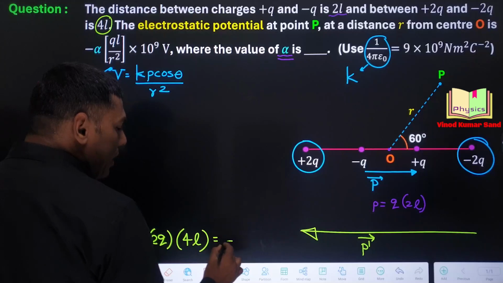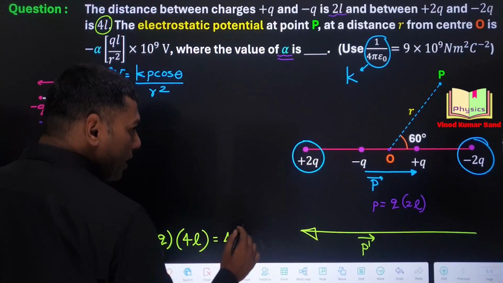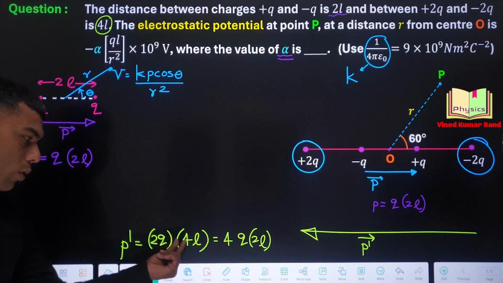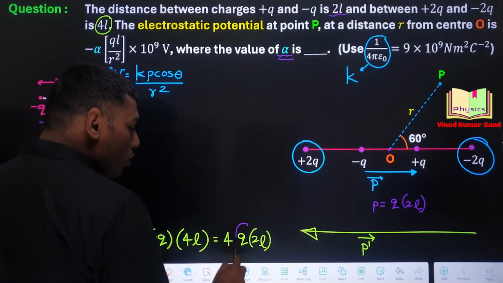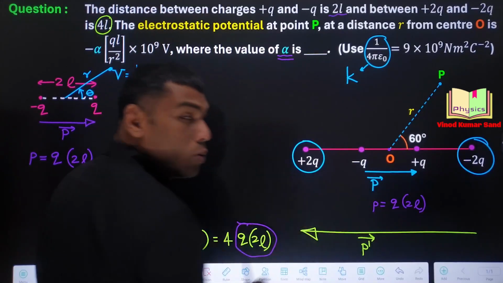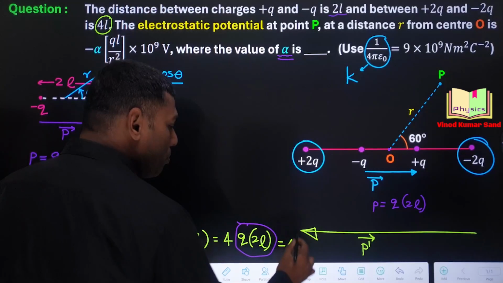This we are writing in turn as 4, which I am keeping outside, and then q into 2L. This q into 2L is already something. It is equal to P. So here you will write 4P.